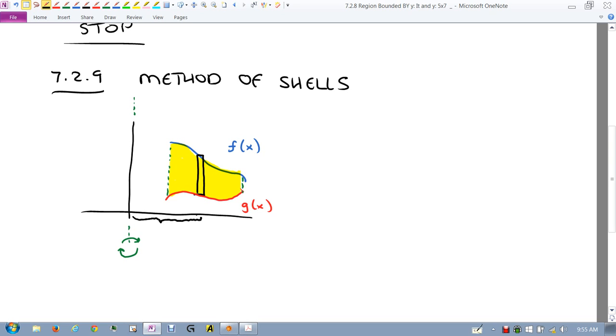Anyone remember what I told you it was? We know the width of the rectangle is what? dx. But the actual distance from the origin to our rectangle is what? If you know, it's just x. It's some arbitrary value. And that x lives between what? a and b, the two endpoints of our region. So this is an arbitrary x. I want you to put that in here this time because we're about to need it.